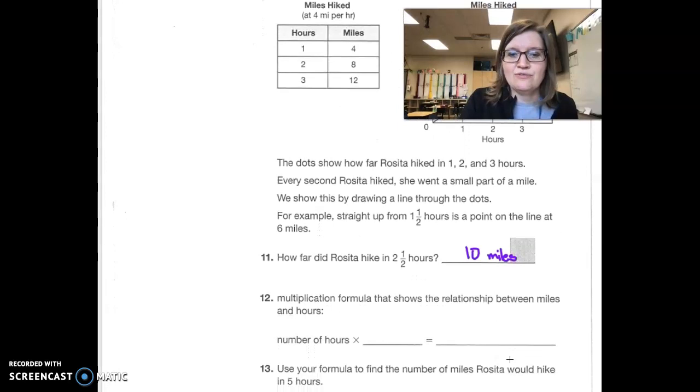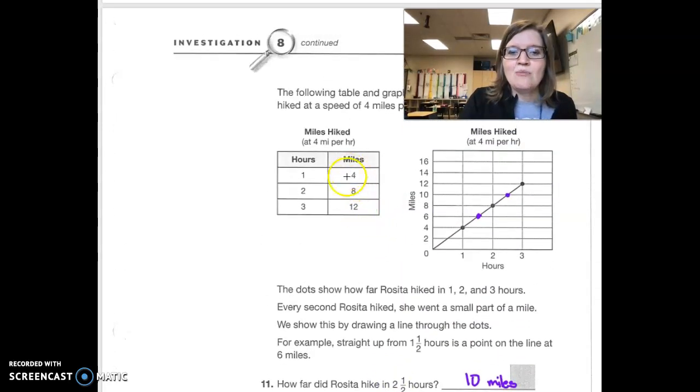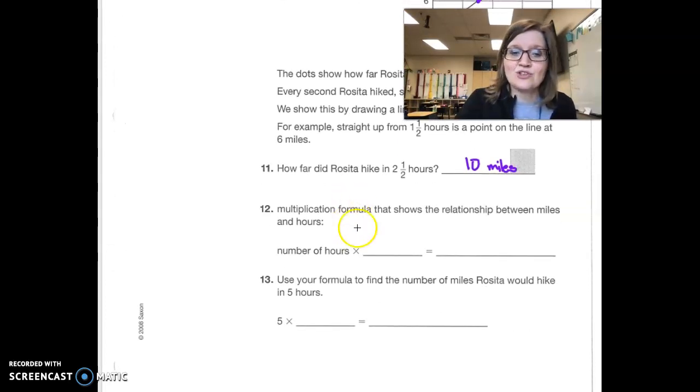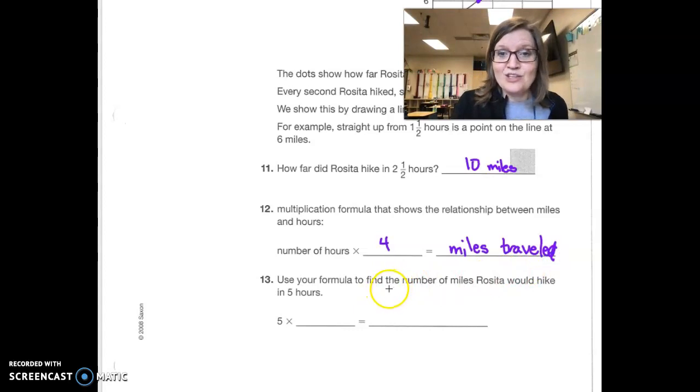And the multiplication formula for this is pretty slick. The number of hours multiplied by 4 gives us her miles traveled. Now, with this formula, you can figure out a lot of different information.